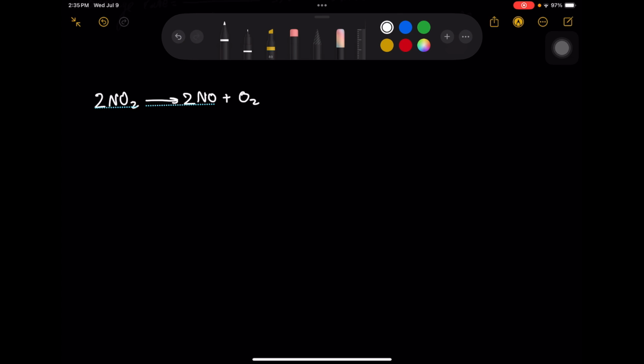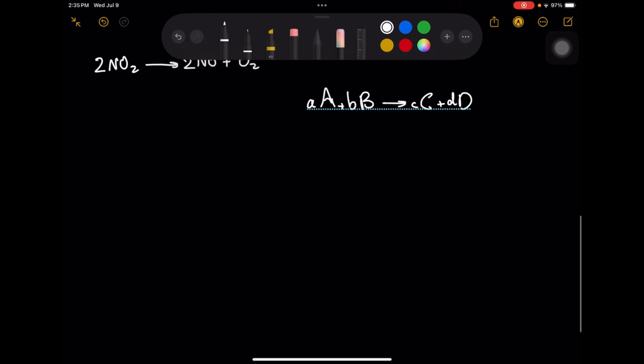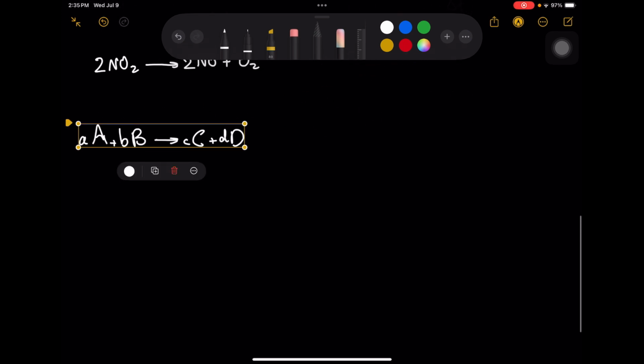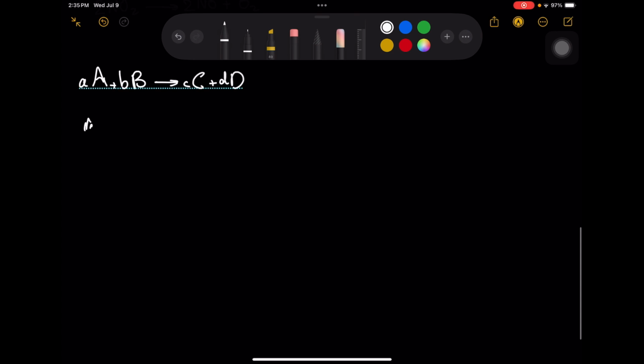So in general, if you have a reaction like aA plus bB going to cC plus dD, where a is the coefficient of A, b is the coefficient of B, and so on, the general rate would be negative, because these are the disappearance ones, so we should put a negative for them.